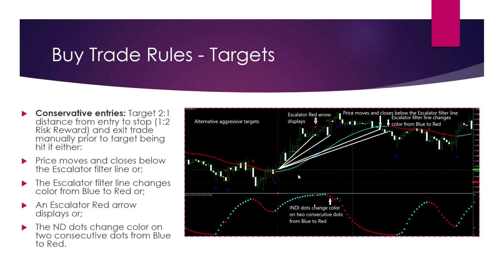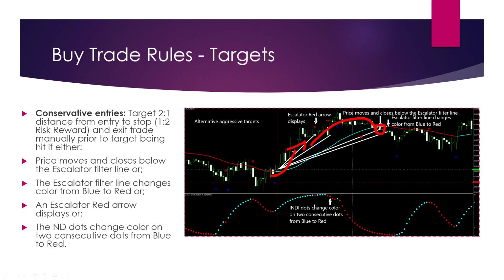For conservative trading, we want to look to target 1 to 2 always. In case one of the following scenarios happens, we should exit the trade a little bit early. The first thing is if price moves and closes below the escalator filter line. So if this is a long trade and price closes below this blue line, we want to exit the trade.